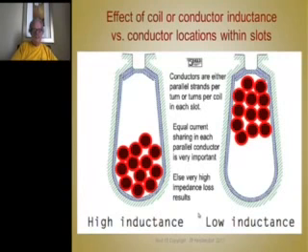Even the location of the conductors within the slot changes the inductance. For example, conductors in the top of the slot close to the slot opening have lower inductance than the ones in the bottom of the slot because they have more iron around them. So in normal lap coils, one side of the coil would be in the top of the slot, the other side of the coil would be in the bottom of the slot.